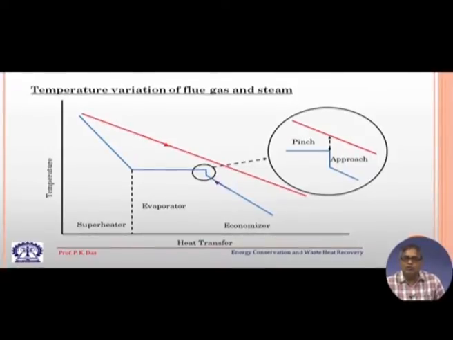These are the values which are followed for pinch and approach in case of HRSG design. But when we do this, keeping in mind the operation of the equipment, obviously we are losing something, that the total waste heat is not recovered to its full potential.